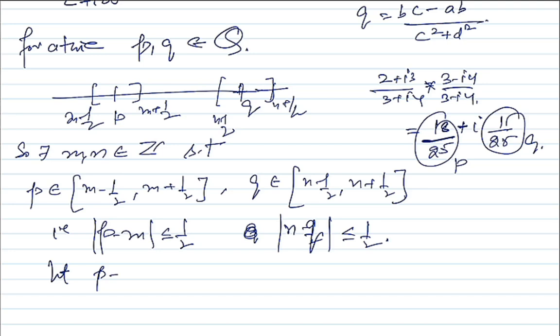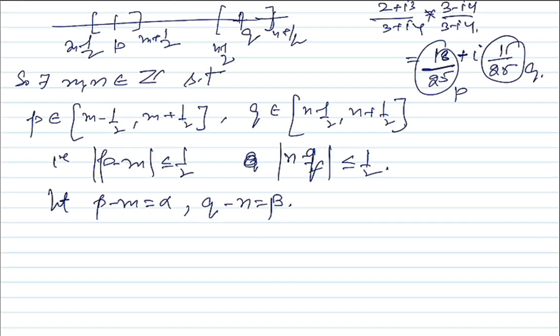So let p minus m be alpha and q minus n be beta, which implies p is equal to m plus alpha and q is equal to n plus beta.